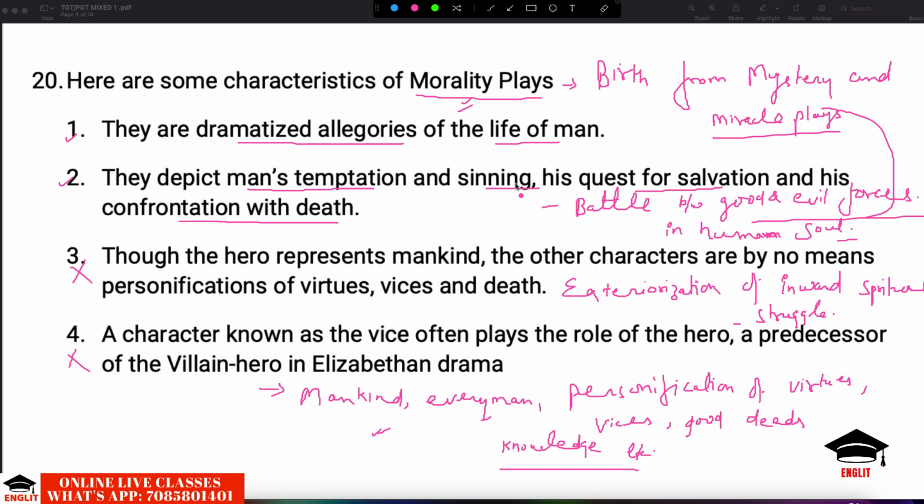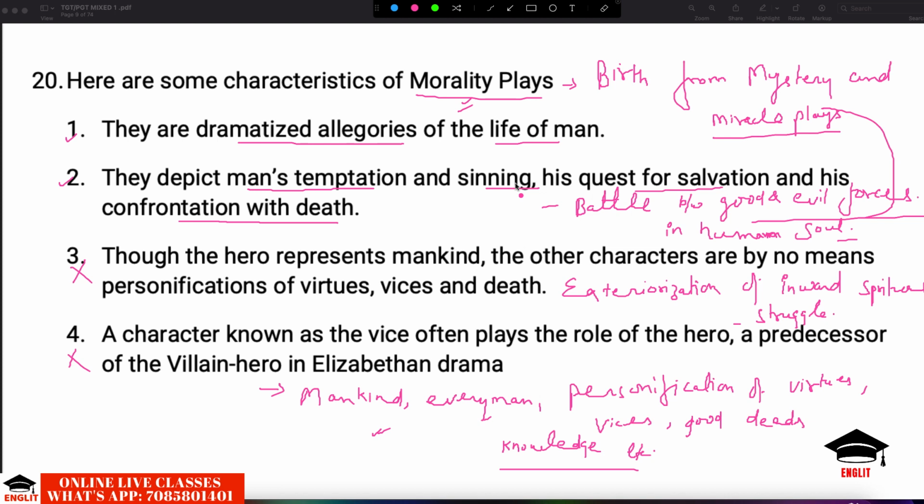But after the death hour approached, he realized his mistake, his sin, and then he started praying for the salvation of his soul. But by then it was too late. During the course of his journey of worldly pleasures, he was faced by the good angel. He never tried to mend his ways. And when the time was almost over, he realized, he prayed, but it was of no use.